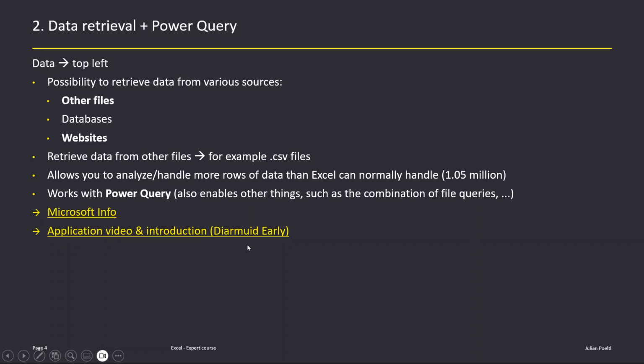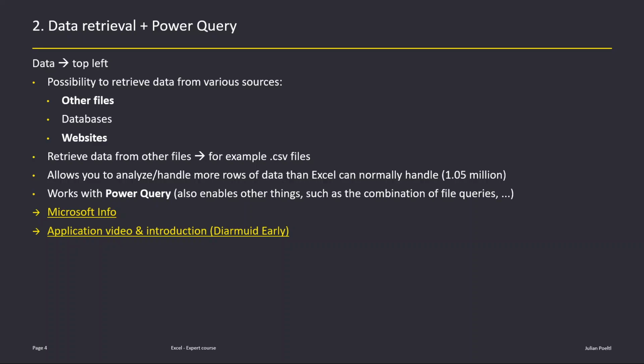With data query, you have also the possibility to load, for example, from other files, for example, from CSV files. And I've lied to you in the basic course. I said to you Excel can only handle up to 1 million rows. But with Power Query, you can use much more rows.